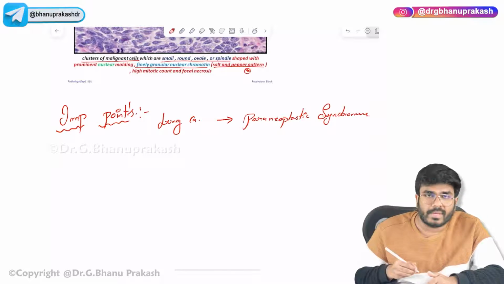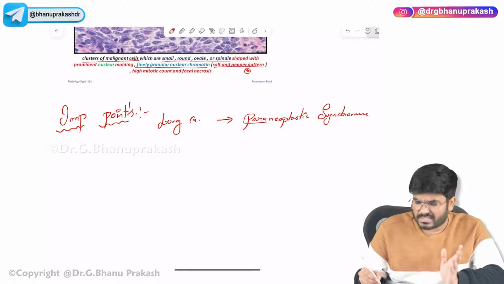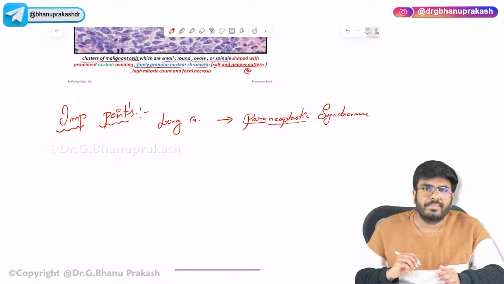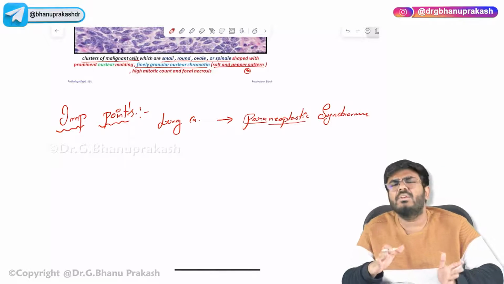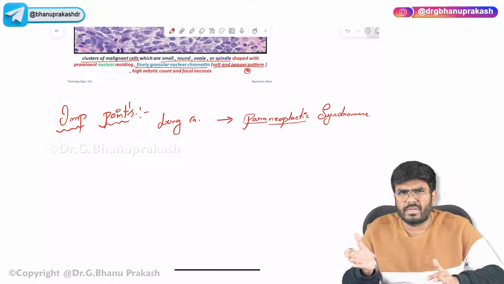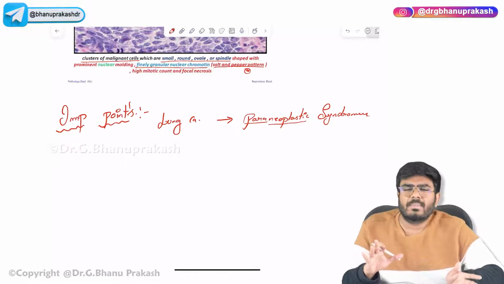So what are these paraneoplastic syndromes? The name itself is that para means just side to the neoplasia. Means apart from cancer, just side to the cancer, they will also cause some other abnormalities. They are associated with causing some other syndromes.